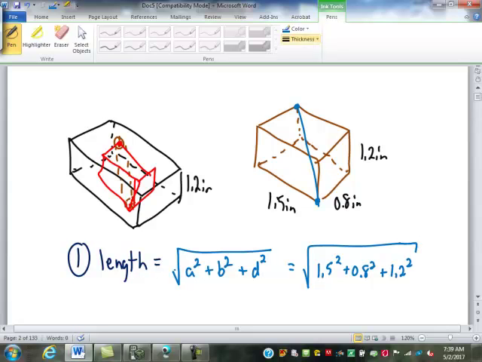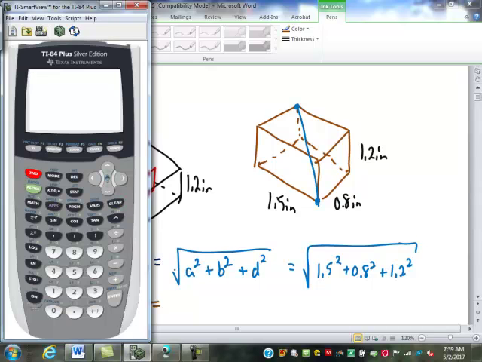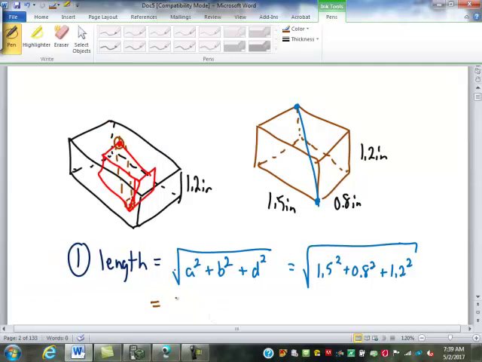Again, those can be in any order. We get 2.081, we're going to call that inches. So that's the length.